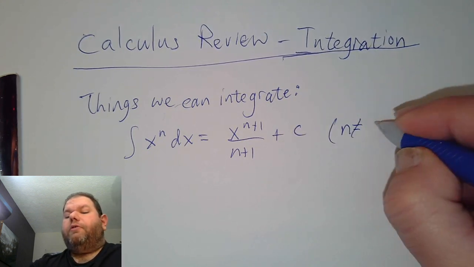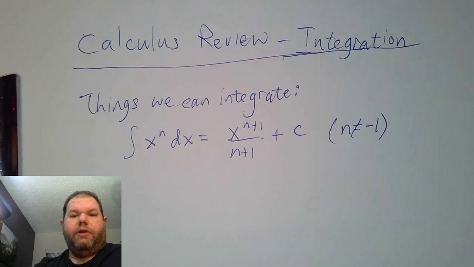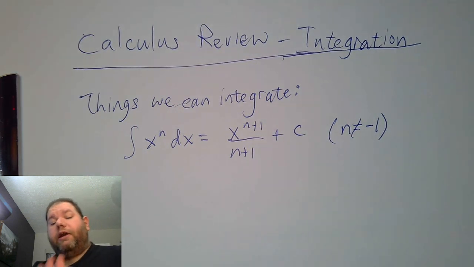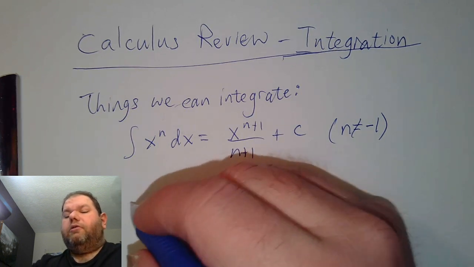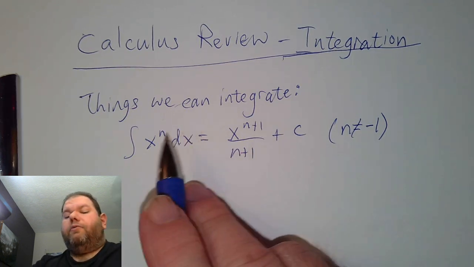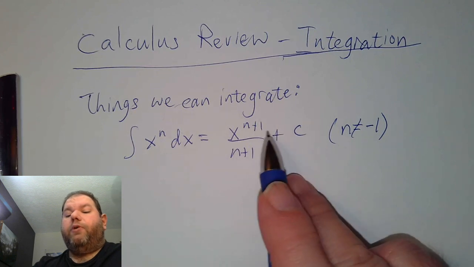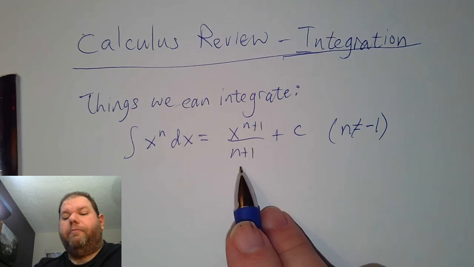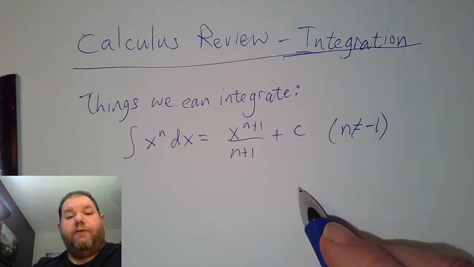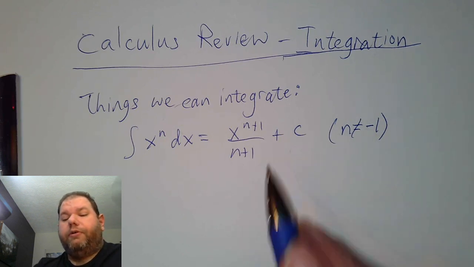But we do know that this is only true for n not equal to negative 1 specifically. Whatever the exponent is here, we add 1 to that exponent, and then we divide by that same number. And then we, of course, have our constant of integration that we want to include.